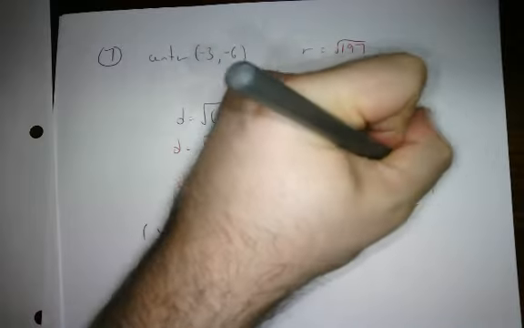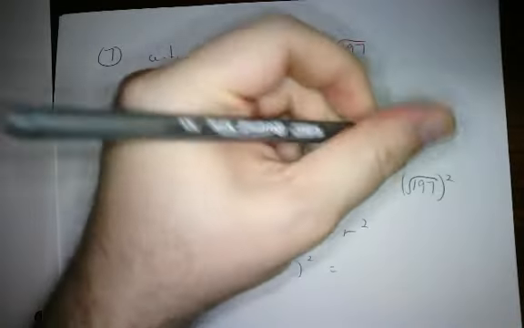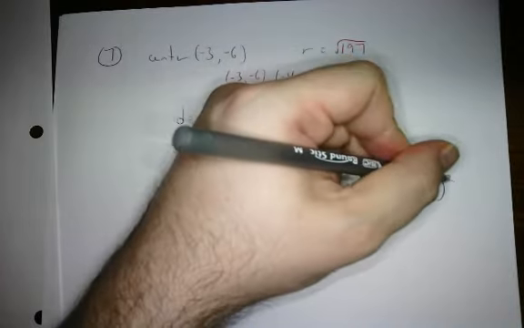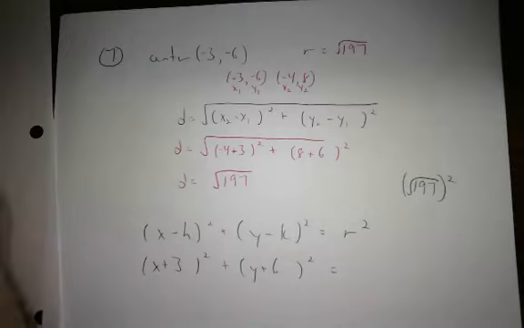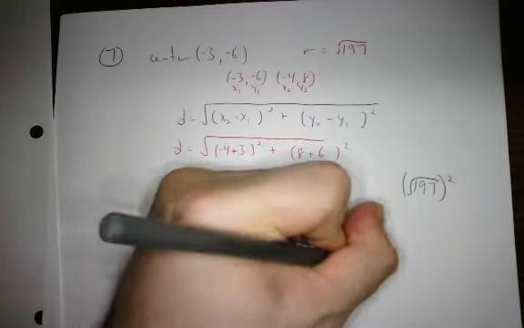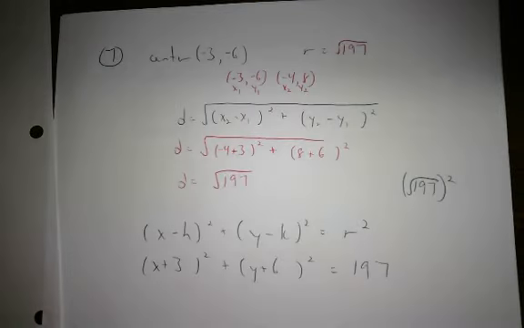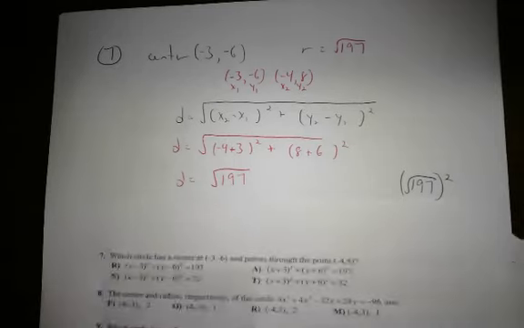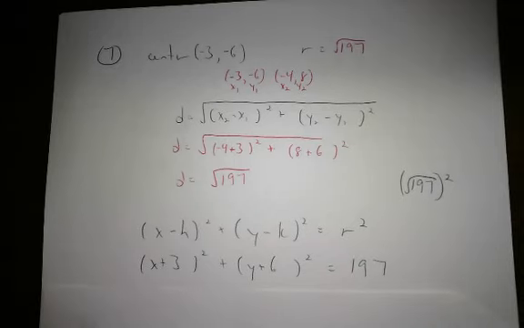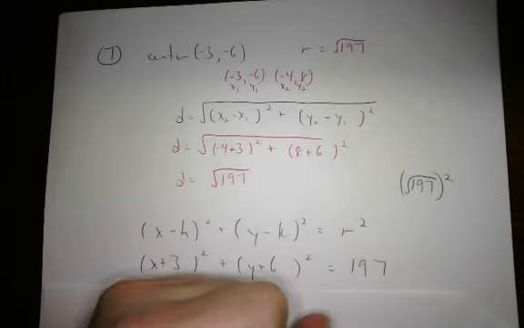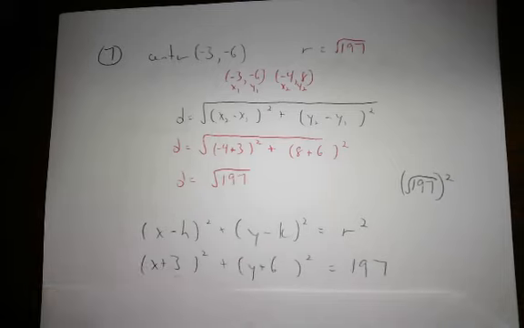And then we take the radius, which is the square root of 197, and square it. And since this square root symbol and squaring a term are inverse operations, it would just be 197. Going back to the sheet, is that an option? Yes, it is. It is choice letter A.